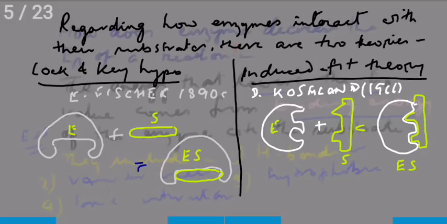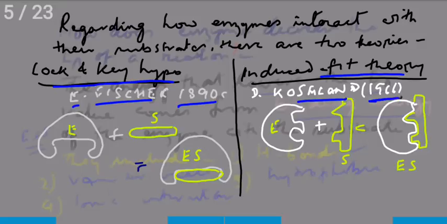Now coming to how enzyme and substrate interact together. There are two theories regarding this. The first is the lock and key hypothesis, as you already know. Another is the induced fit hypothesis theory. The lock and key hypothesis was proposed by Emil Fischer way back in the 1890s, whereas induced fit was proposed by Koshland in 1966.